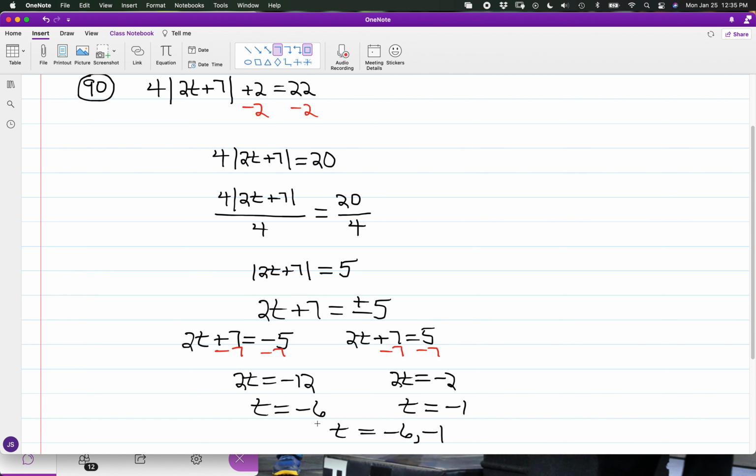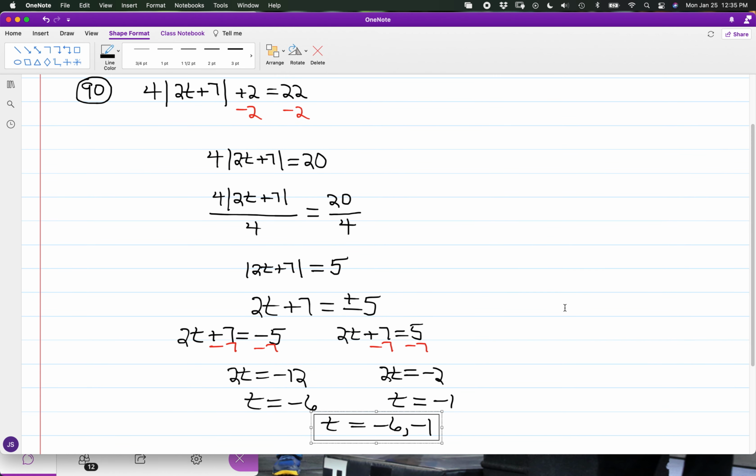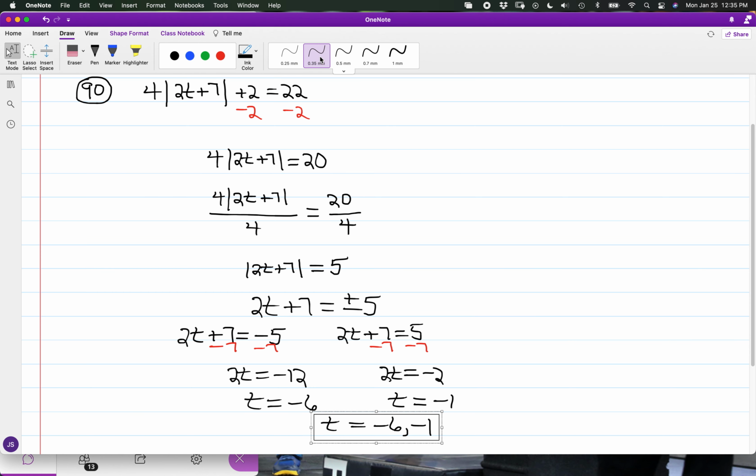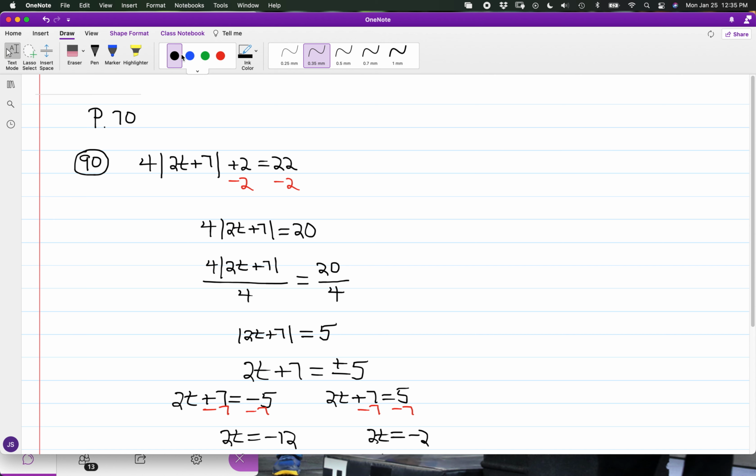Now, for number 91, for this particular problem I'm looking at solving for the variable c. I have negative 3 is equal to the negative of the absolute value of c minus 7, followed by the addition of 1.